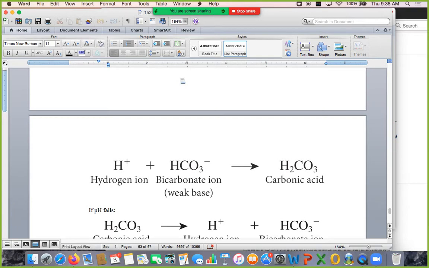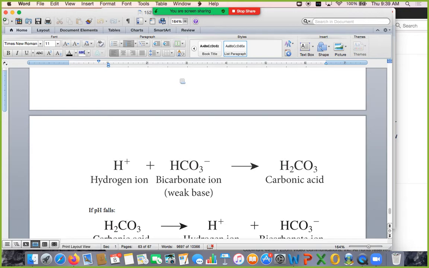Bicarbonate, which is a weak base, can pick up that hydrogen ion and create carbonic acid, which is a weak acid. Now, if we have a pH dropping, this weak acid can release this hydrogen ion, becoming bicarbonate and putting the hydrogen ion back in. Right, so we'll be converting it back into a weak base.